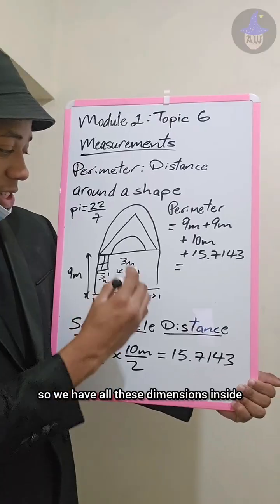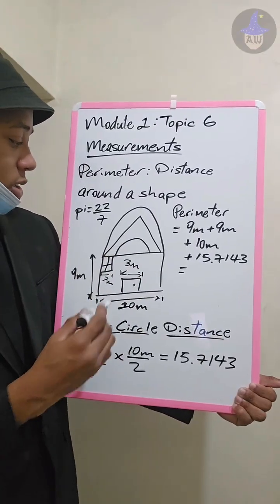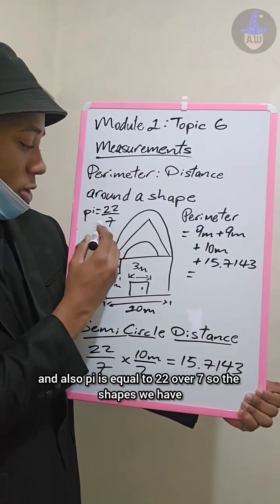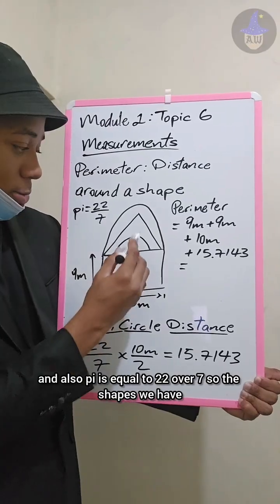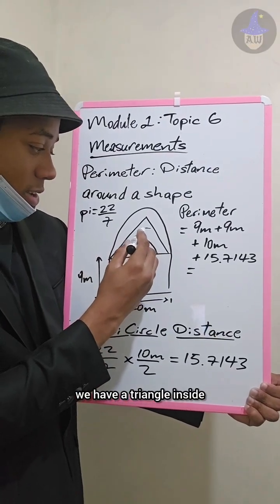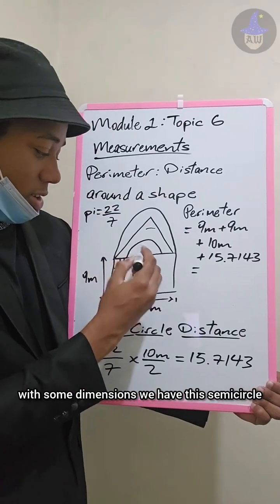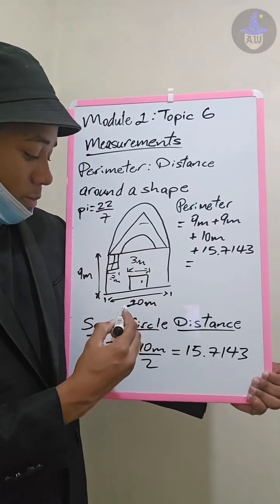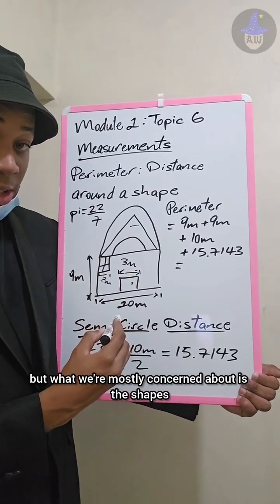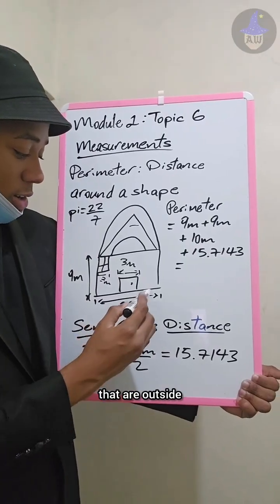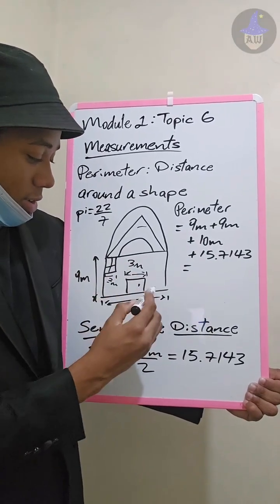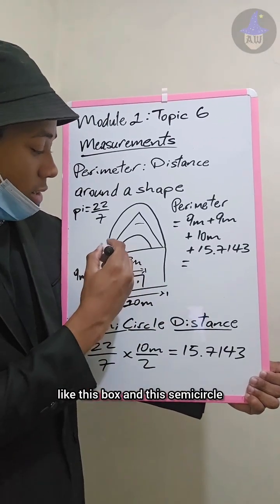So we have all these dimensions inside. And also pi is equal to 22/7. So the shapes: we have a triangle inside with some dimensions. We have this semicircle here, the window, the door. But what we're mostly concerned about is the shapes that are outside, like this box and this semicircle.